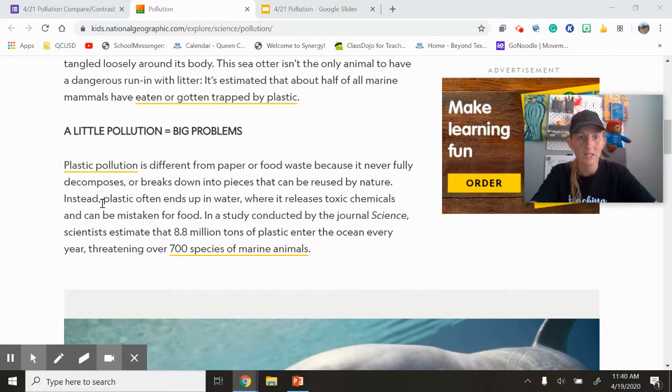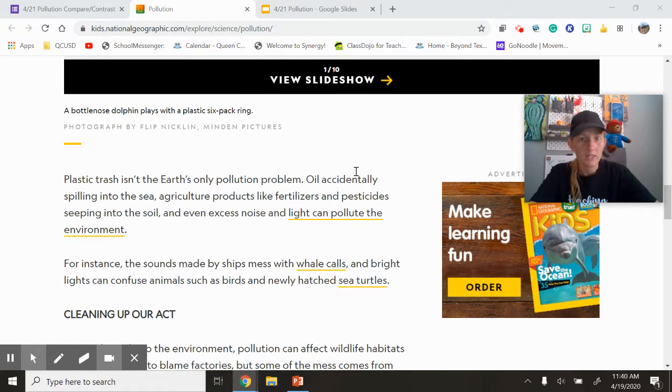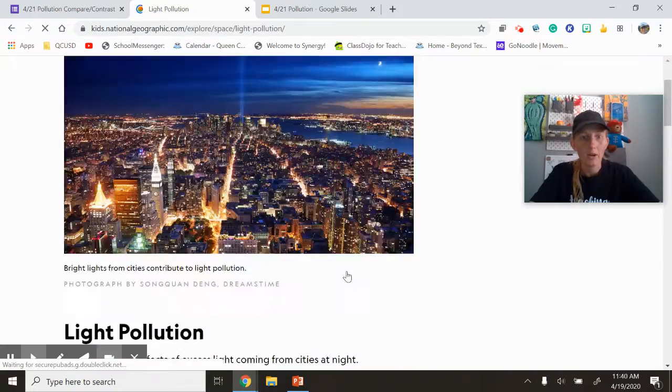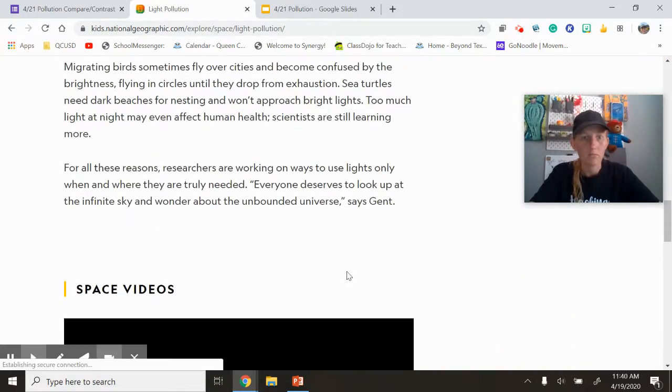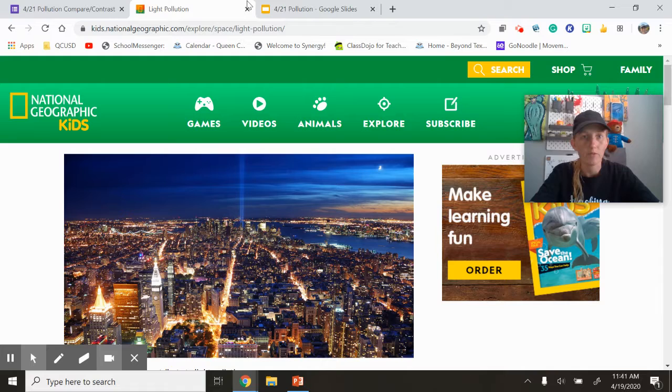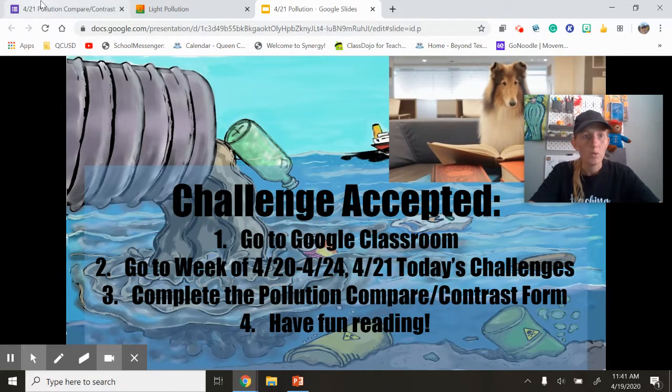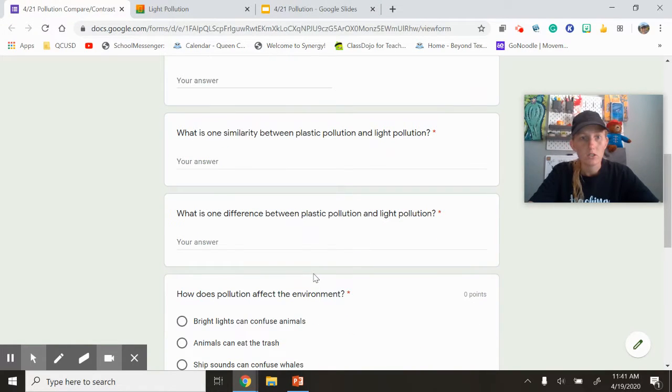So this is plastic pollution. And then down here, if you click on this, light can pollute the environment. I want you to read that one as well, and read all about the effects of light pollution on the environment. So when you go back to Good Question, you're going to write a similarity and a difference, and then answer this question.